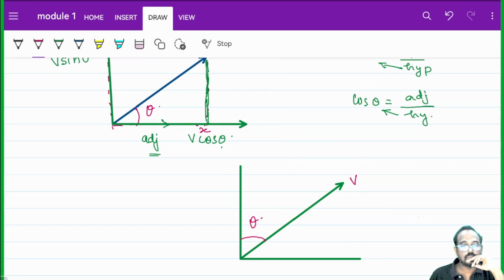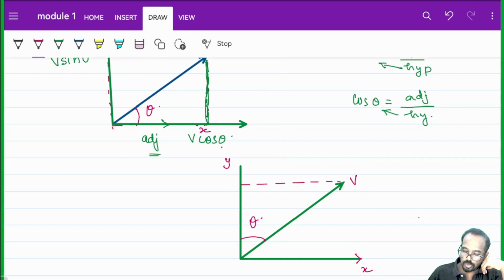Inclined plane questions: if you know this concept, only then will you make the correct resolution. So check this, this is the x-axis, y-axis. This is the angle, so you consider the triangle including that angle.